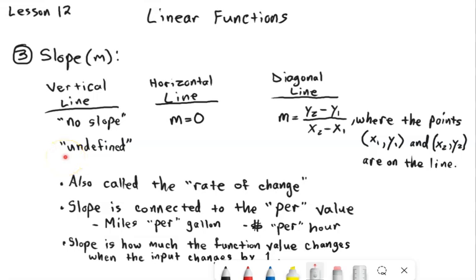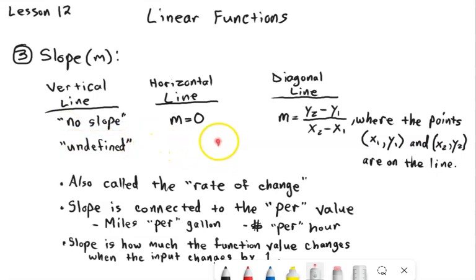But basically, a vertical line has undefined slope or no slope. It does not have zero slope. A horizontal line has zero slope. So anytime you're talking about a horizontal line, the slope is zero. If it's a vertical line, you would say that the slope is either undefined or that it has no slope.